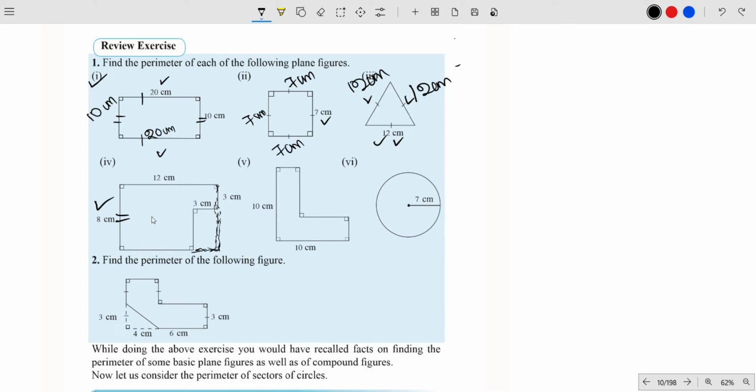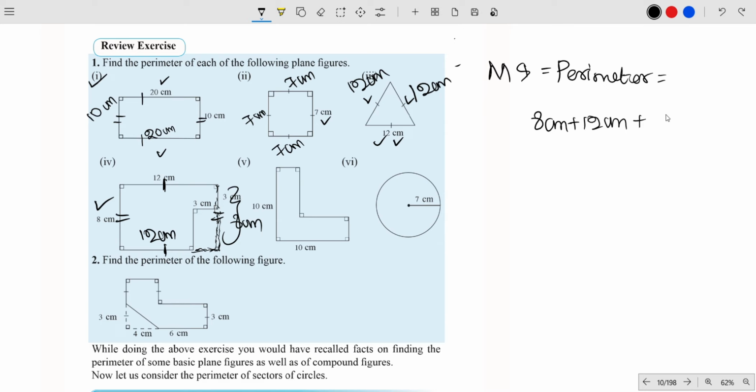So this one is 8, this one is also 8 centimeters. This one is 12, so this one is also 12 centimeters. This is method number 1. Then we can easily write the perimeter is equal to 8 centimeters plus 12 centimeters plus 8 centimeters plus 12 centimeters. So the answer will be 40 centimeters.